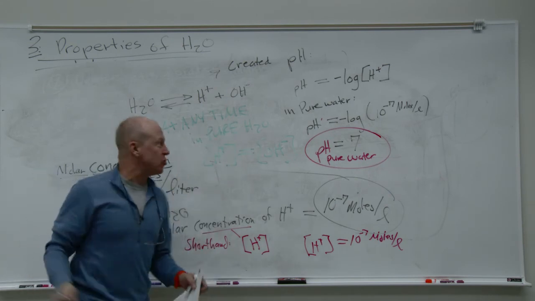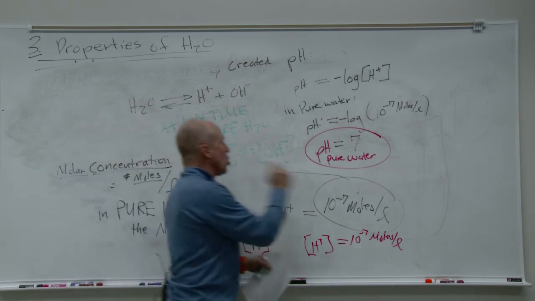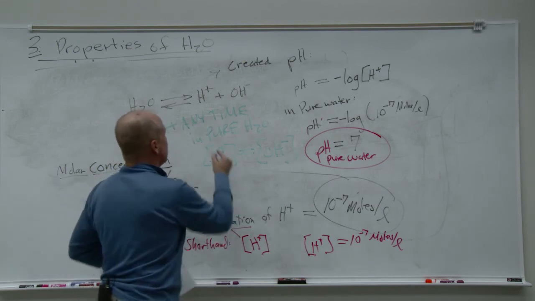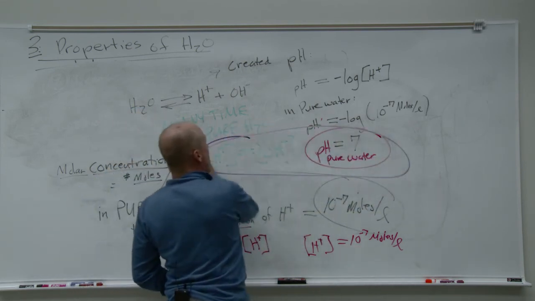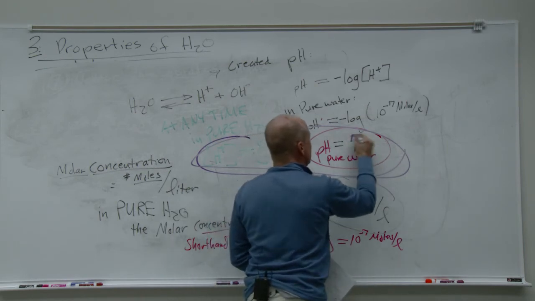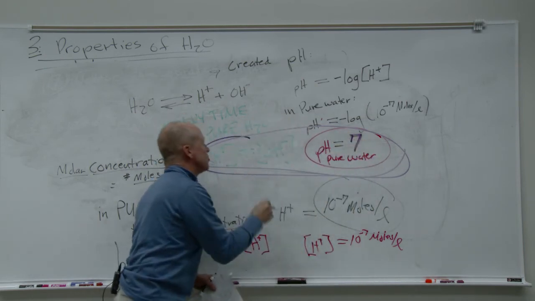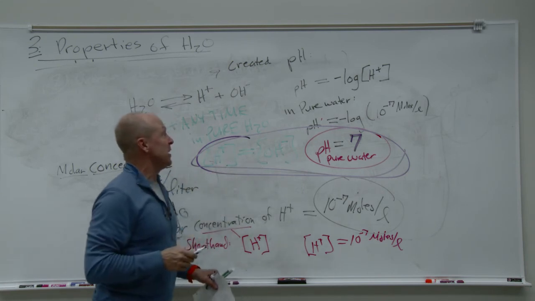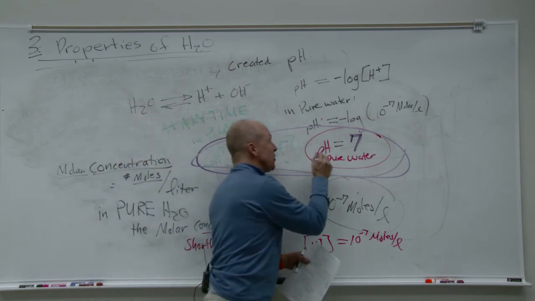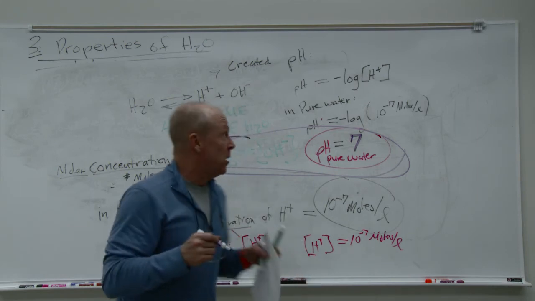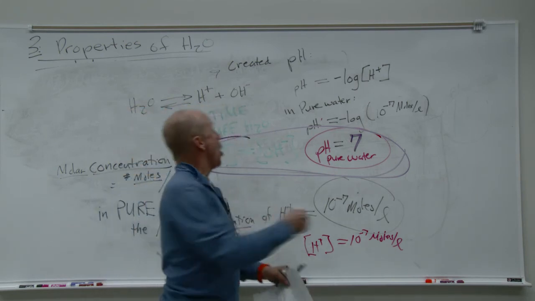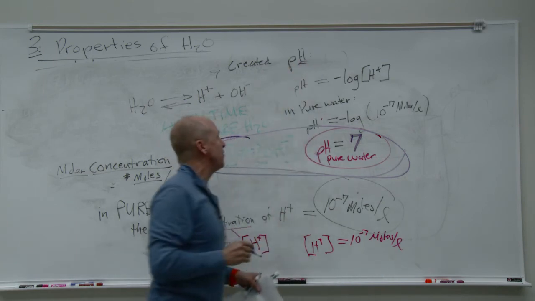That's the total story. So in pure water, I get one more color to make this as festive as I can. In pure water, the pH is 7, and the concentration of H plus and OH minus is equal. Remember that pH is about the concentration of H plus. That's what it is. Parts hydrogen. That's what the H stands for.